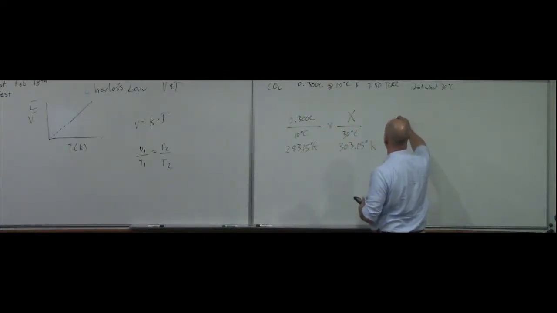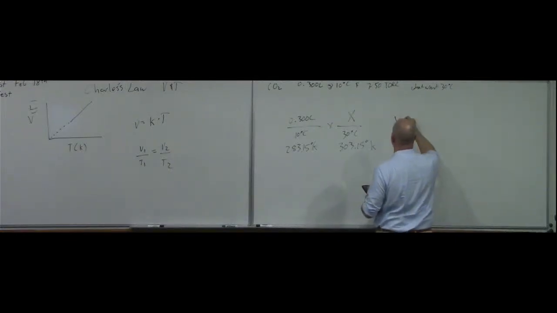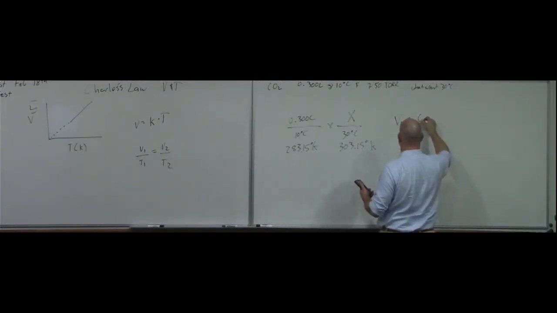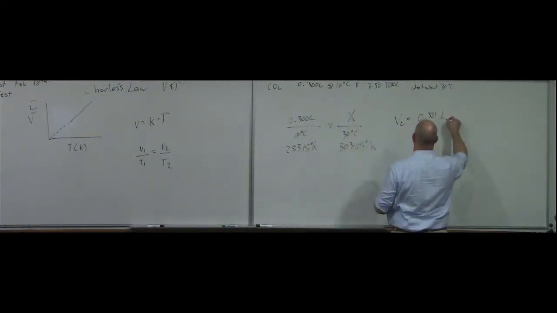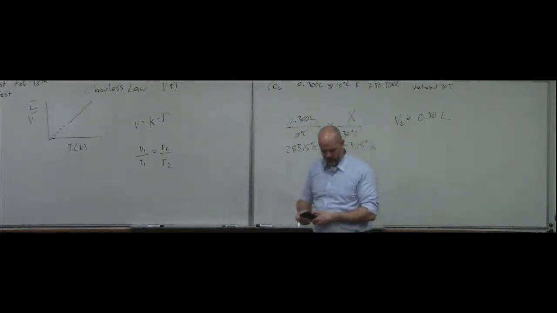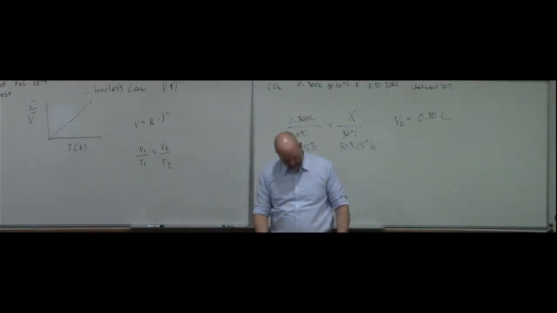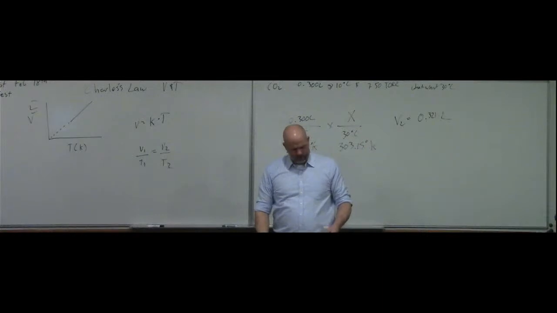I got 0.320. Great. So V2 equals 0.321, and our unit is liters, right? Okay, great. Let's do a follow-up one here.